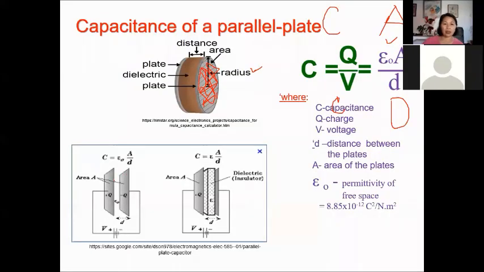Now, by the way, if there is no insulating material, for example, a vacuum, this is the formula.